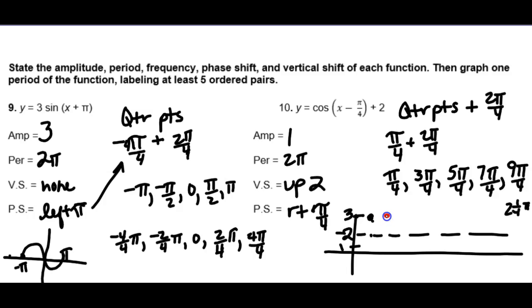And then it would go, so it would have pi over 4, 3 pi over 4 would be right here, and that would be at the midline of 2. This would be at the minimum, so it would be 5 pi over 4, 1. Then we'd have 7 pi over 4, 2, and 9 pi over 4, 3. Okay, you don't have to draw the sketches if you don't want to. Obviously, it's your notes, do what you want. All right.